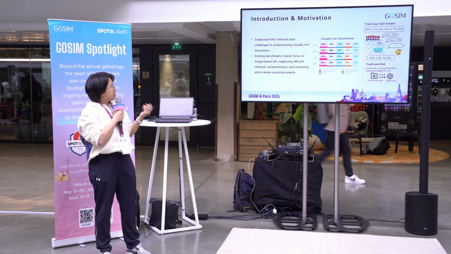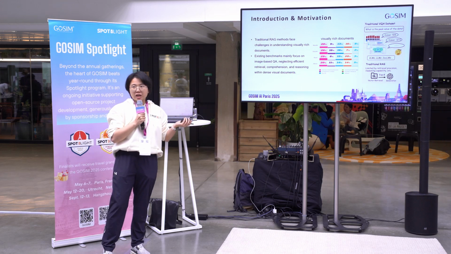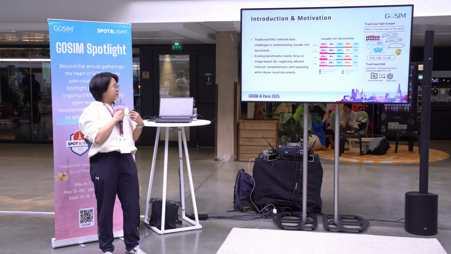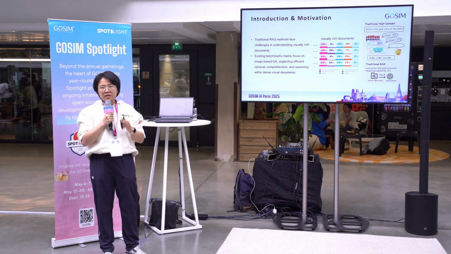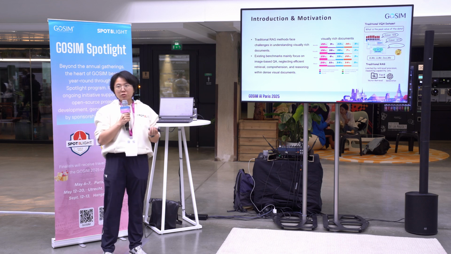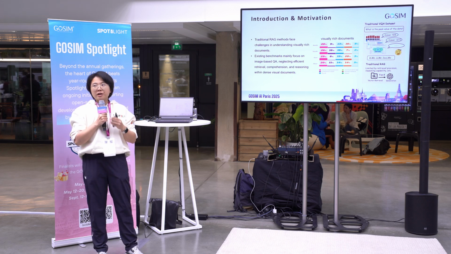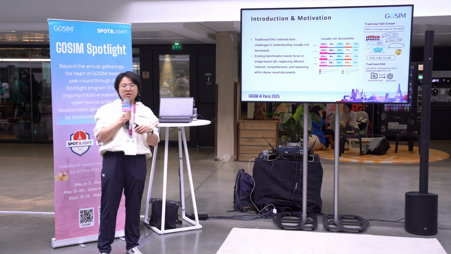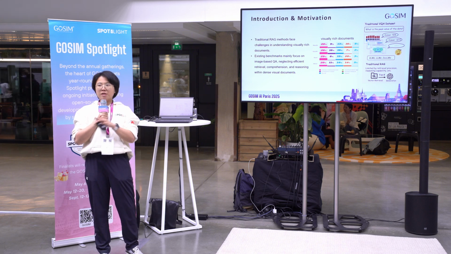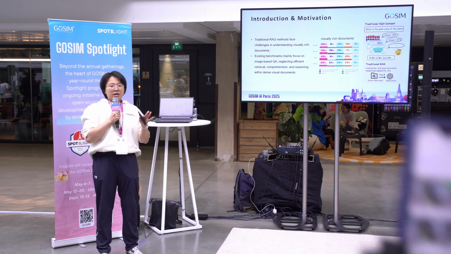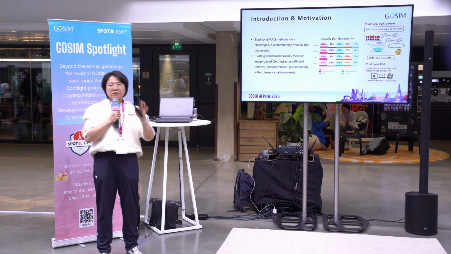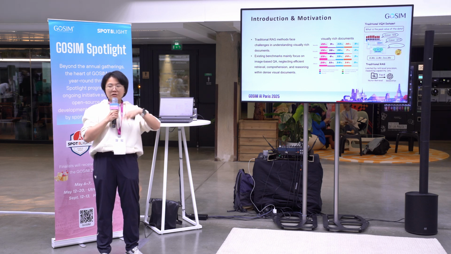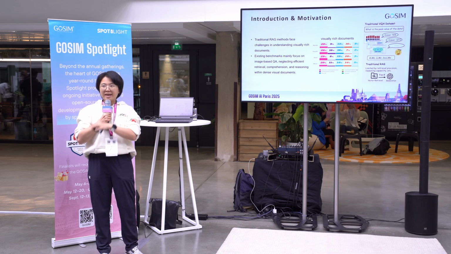First, what are the traditional RAG methods? It is proposed by OpenAI. It is used to add external knowledge to large language models. For example, if I have some knowledge stored in a document, we will first transform the knowledge in the document into text.